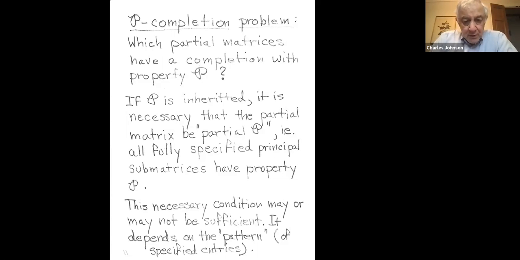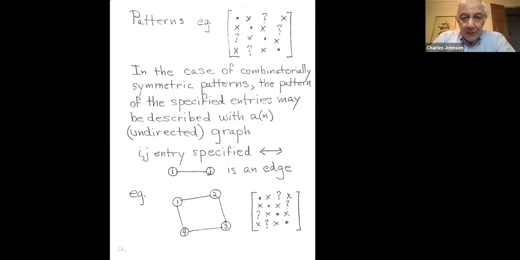Now, this necessary condition may or may not be sufficient. It simply depends on the pattern of the specified entries. Typically, in problems, for some patterns of specified entries, I don't need to know anything else. And for other patterns, I do need additional conditions. So I want to say a little bit about that.